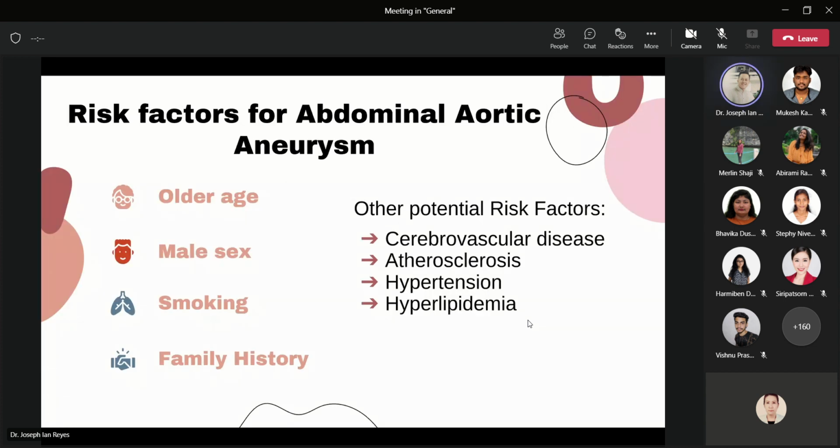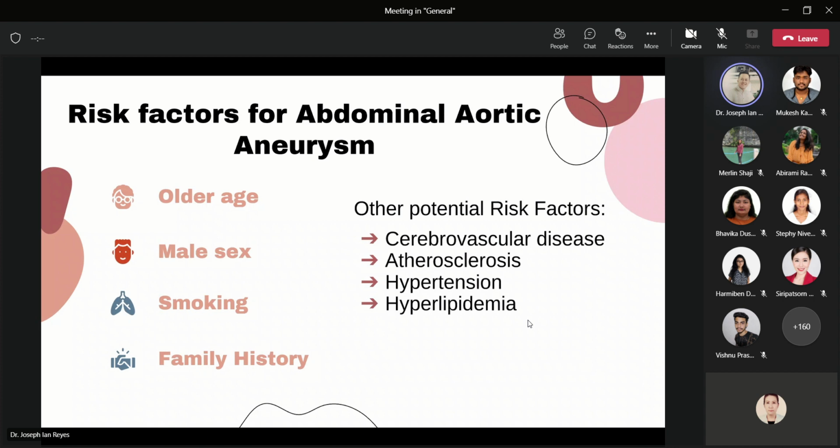Risk factors for AAA, again, old age, male, smoking, and family history. So if your patient has relatives, especially first degree relatives, ask them to go and have screening.